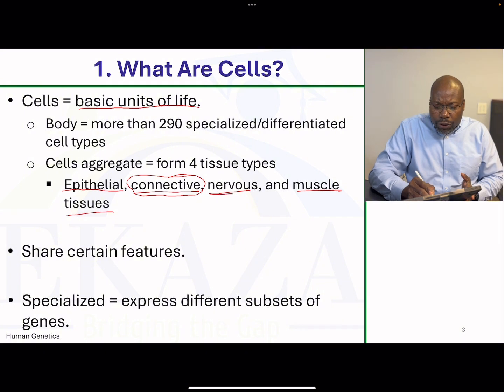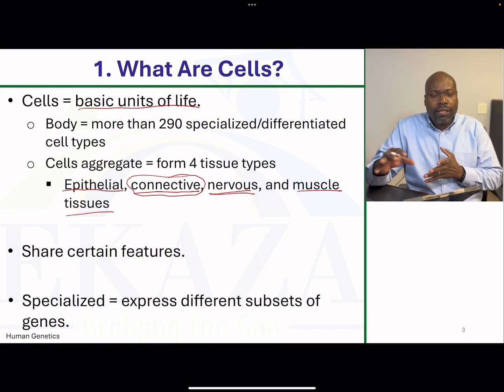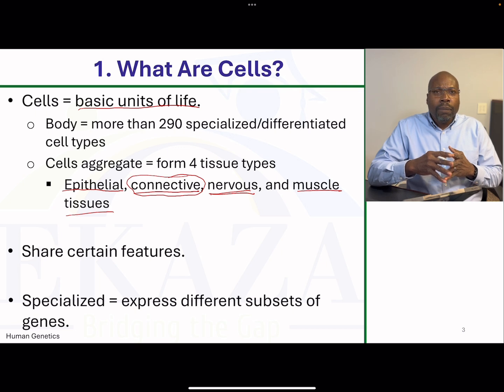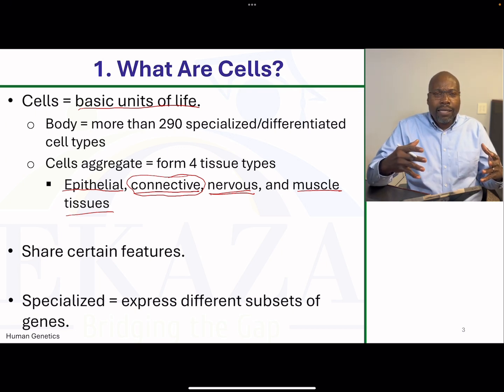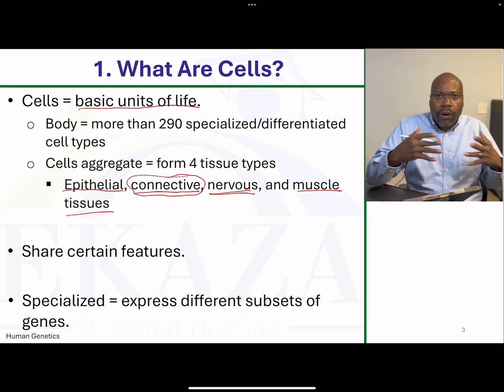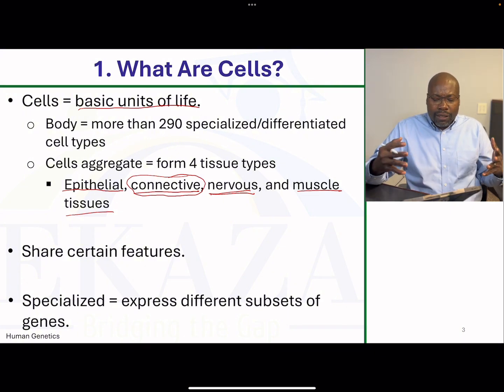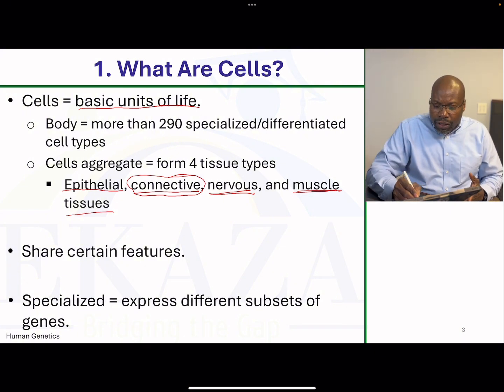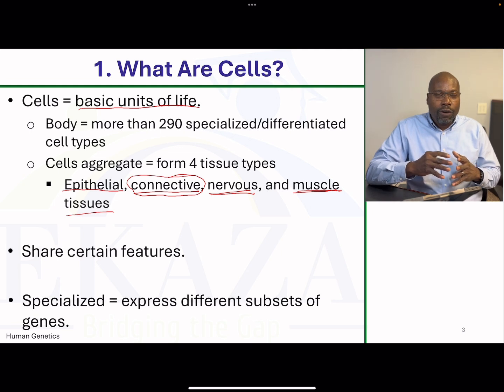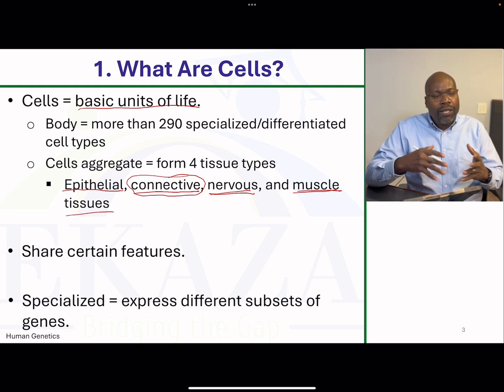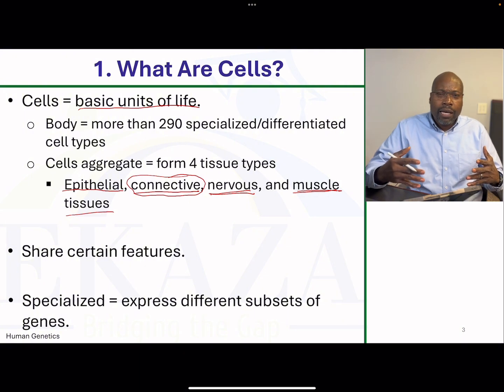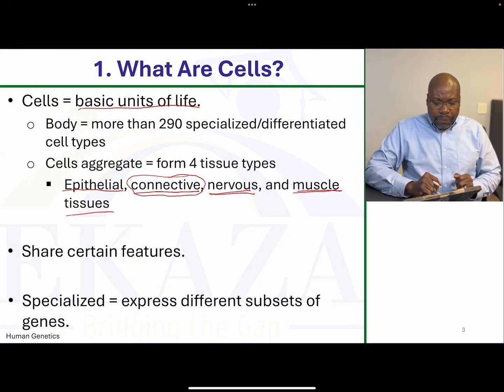The nervous tissues are going to conduct information so that the body can realize what is happening around it, and also how to respond to environmental stimuli. The muscles are essential for movement. But beyond movement, they are also very important in body temperature. But let me close that parenthesis.